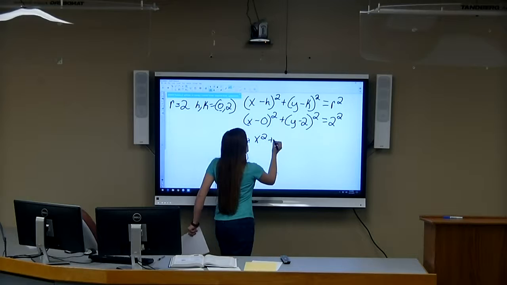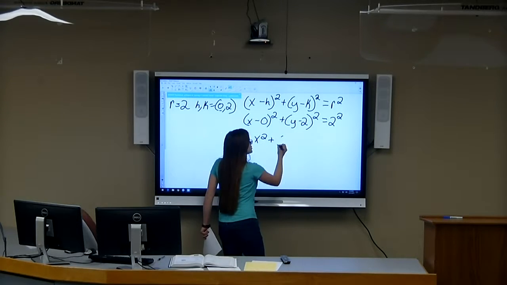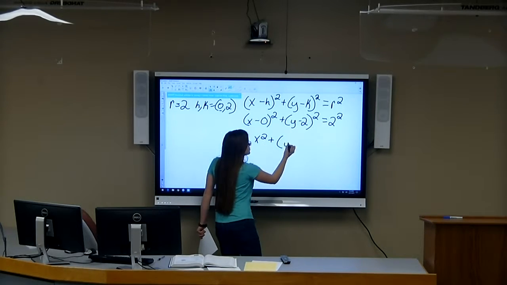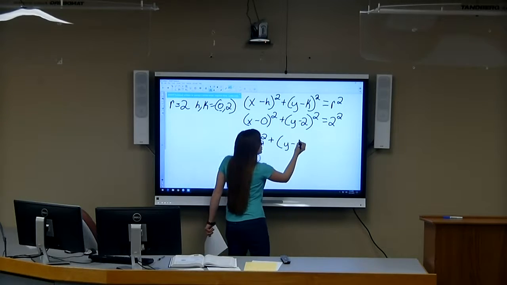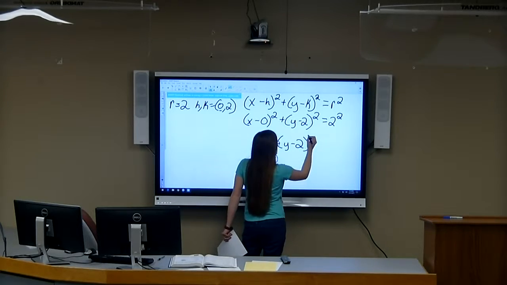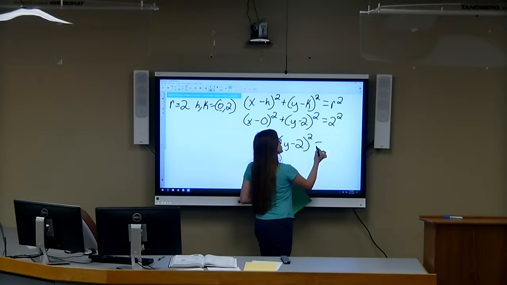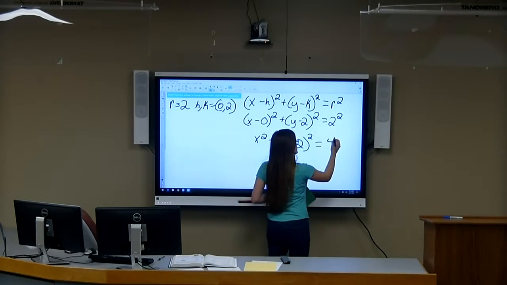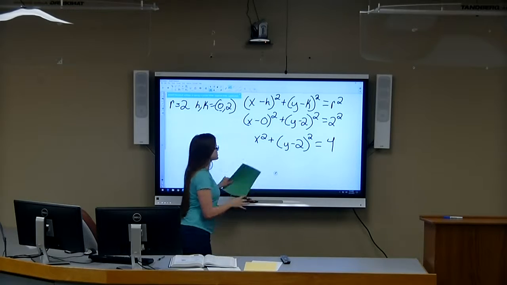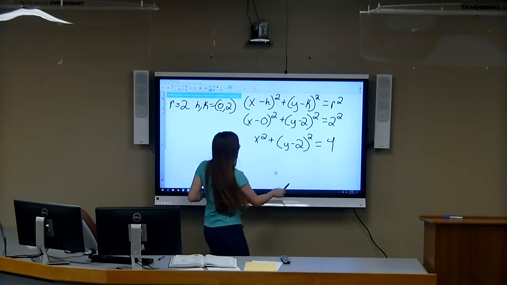And then you're just going to have plus y minus 2. You don't know what y is, so you cannot change y. So this equation over here is just going to stay in this form. And then 2 squared is 4. And that is the standard.